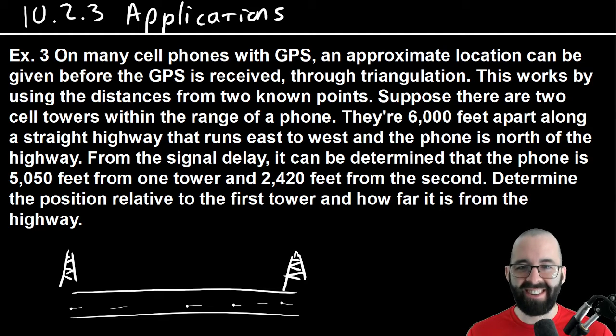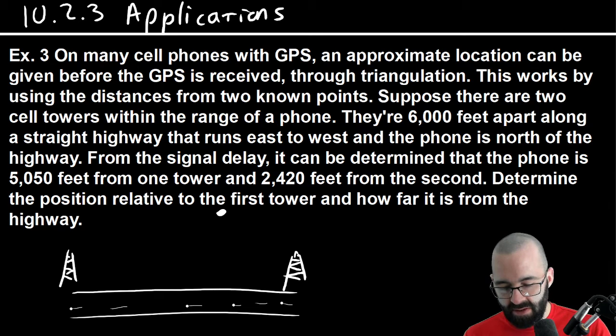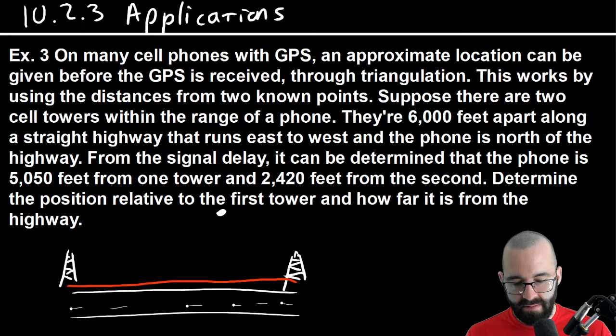Those are towers. And the phone is just somewhere north of the highway. I don't know where it is. Again, these towers are 6,000 feet apart. Good. Things running east to west. Good. Highway. Phone is north of the highway.